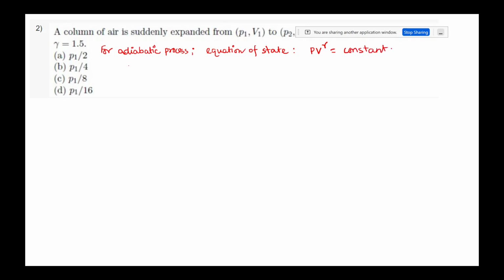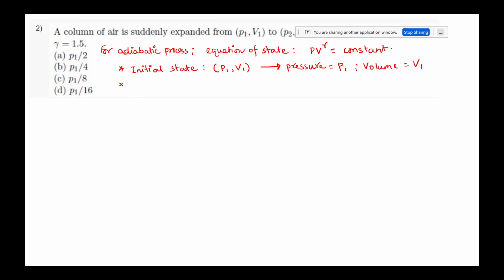So what is the initial state? The initial pressure is P1 and volume V1, right?